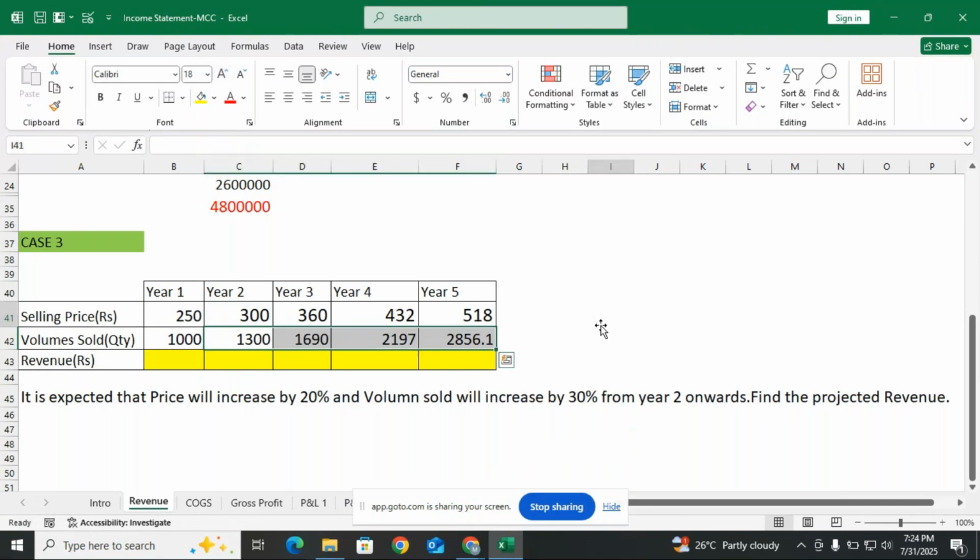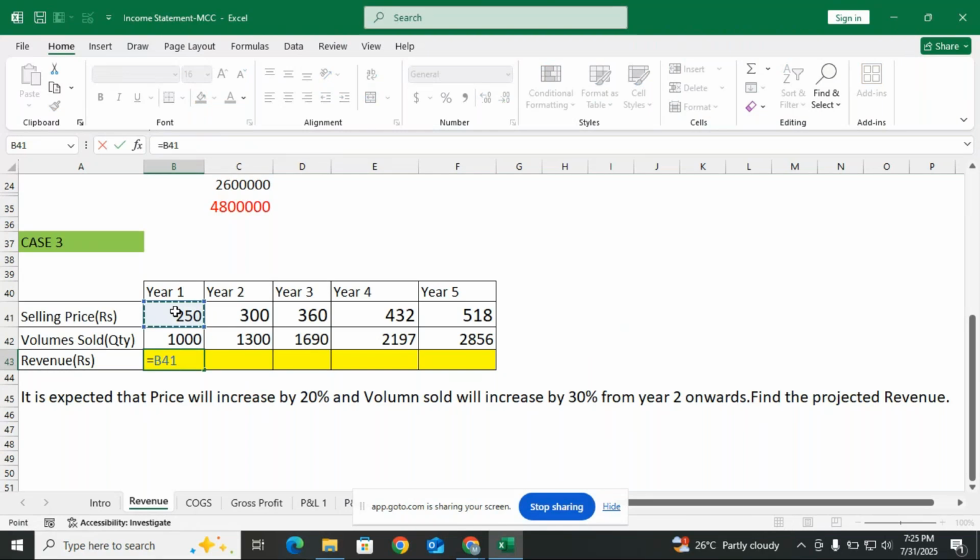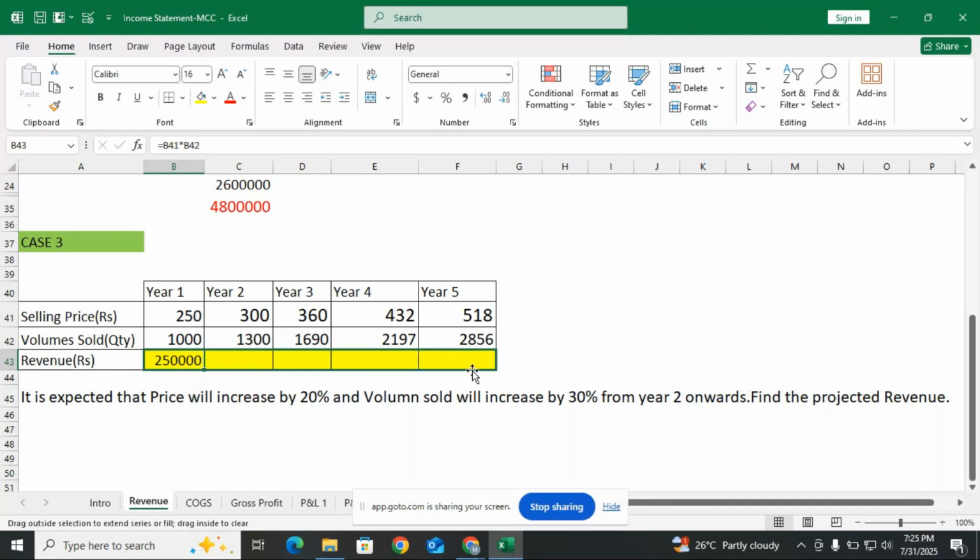Okay. This decimal you can just shrink here, as I told you in the previous class. Now you calculate the revenue. Equals selling price per unit into number of units sold, and then calculate for the rest of the years.